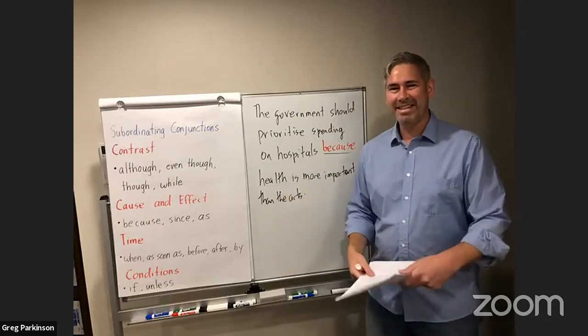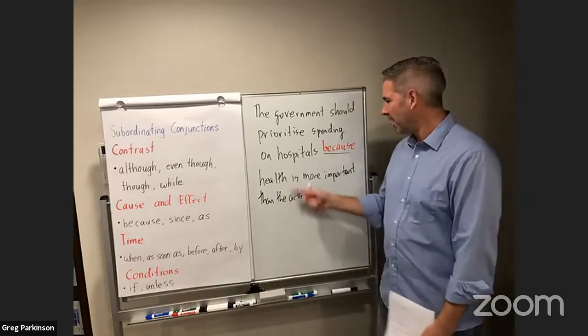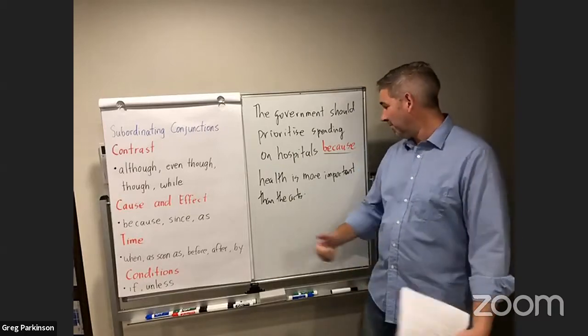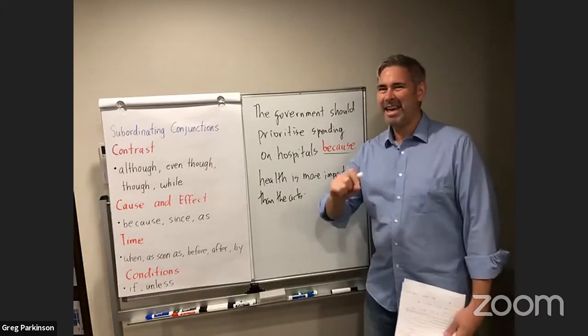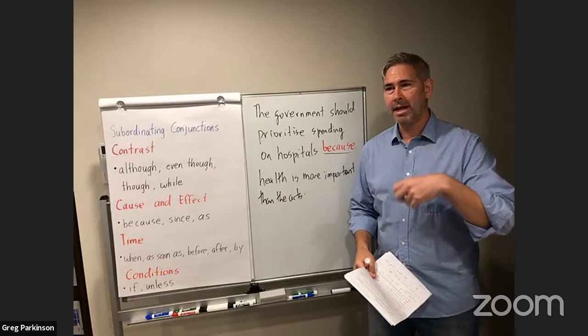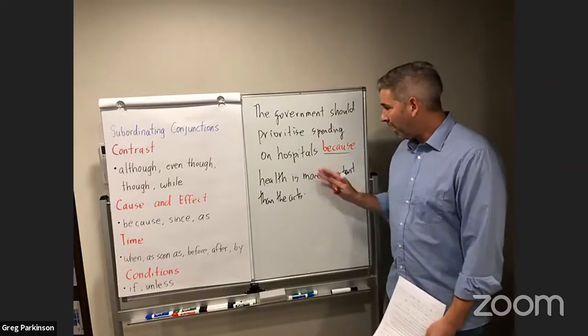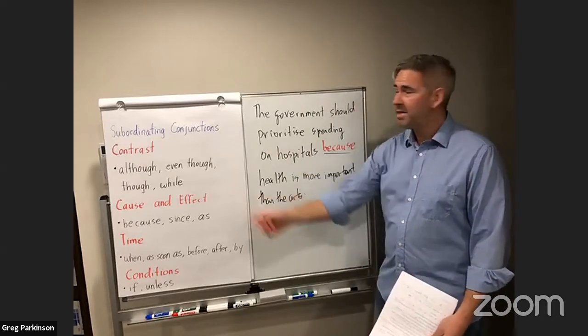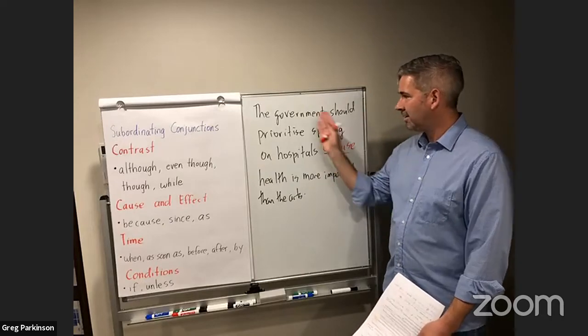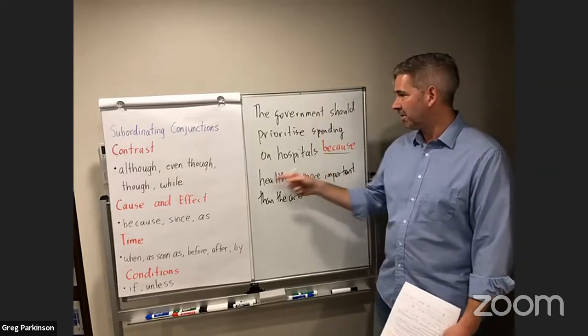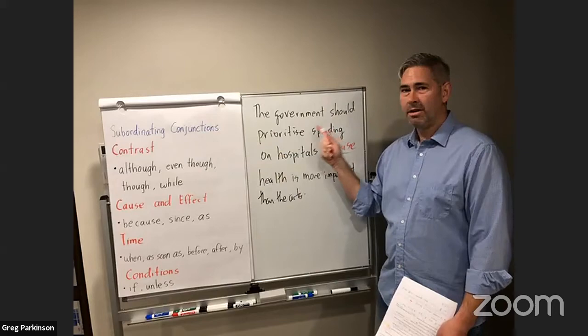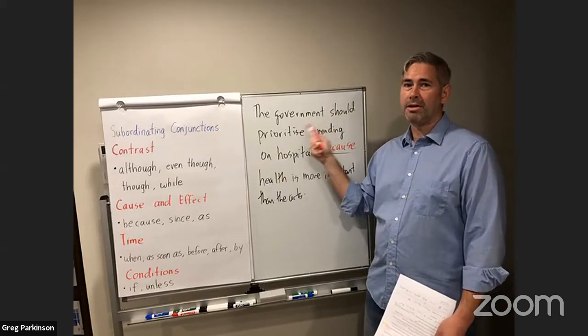In this case, it's not as obvious, but imagine I came up to you and said, health is more important than the arts. I guess you could say that has some meaning by itself, but it definitely has greater meaning when we combine it with the subordinating conjunction and the independent clause, right?